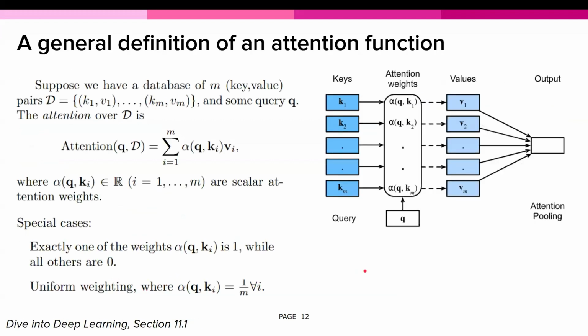So Bahdanau's attention mechanism is actually just one of a larger family of attention mechanisms that we can state more generally, using a framework that was actually inspired by database structures.